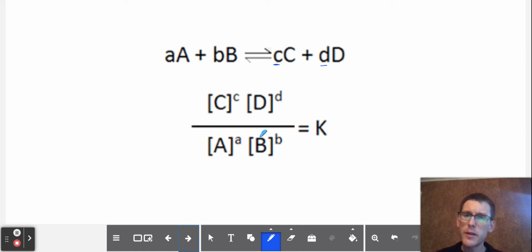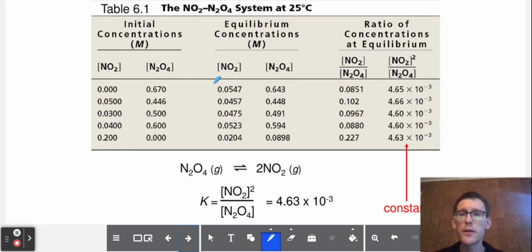I know this is a little bit difficult to visualize without actual substances, so we can take a look at an example. Let's consider the system of NO2 at equilibrium with N2O4. On the left side, we've got the N2O4, and on the right side, we have NO2.